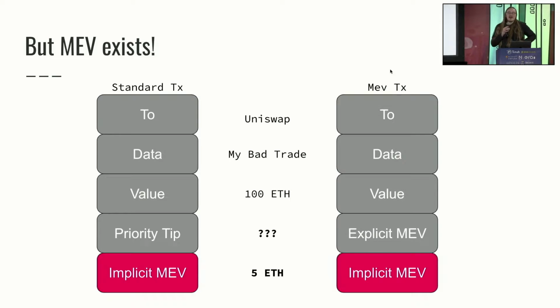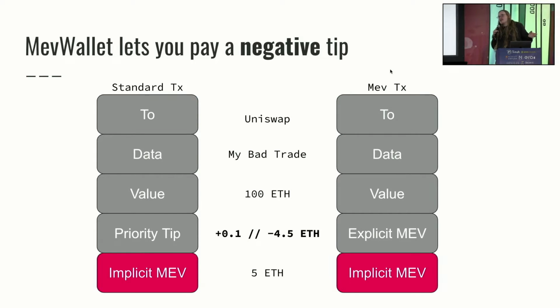So when you're making your bad trade on Uniswap, like I do every day, you're creating about 5 ETH extra MEV, and you're just giving that away to the searchers. So in a normal transaction, you're going to pay that 5 ETH, and you're going to pay an extra 0.1 ETH in transaction fees. With MEV-Wallet, you're going to pay that 5 ETH, and you're going to get 4.5 back from the searcher.